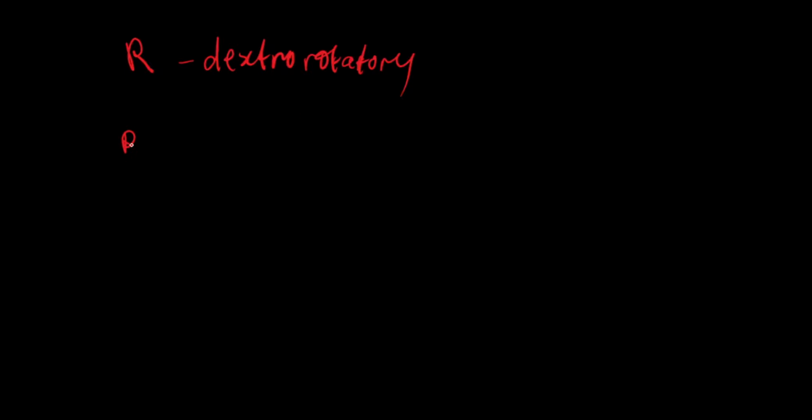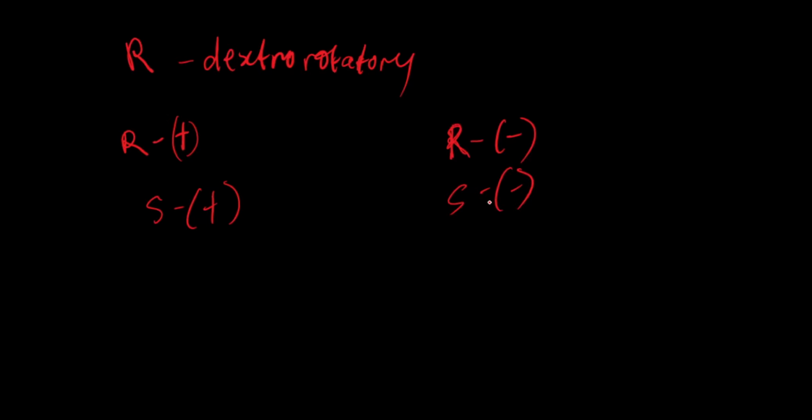So a compound with an R configuration could indeed be dextrorotatory with the positive sign. A compound with an R configuration for another molecule could be levorotatory. S could also be dextro, and S for another compound could be levo. So R is not synonymous to dextrorotatory and S to levorotatory.